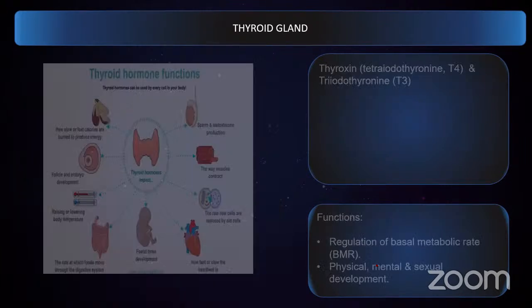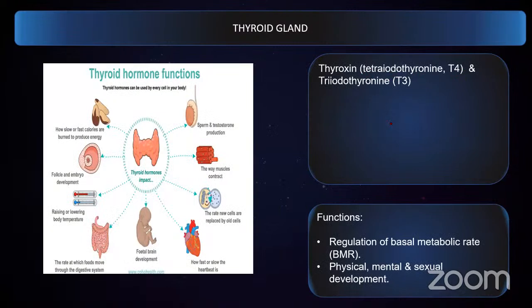When it comes to the functions of T3 and T4, that is thyroxine as well as triiodothyronine, their production is basically dependent upon the iodine in our diet. If there is any problem, it would affect the following regions.